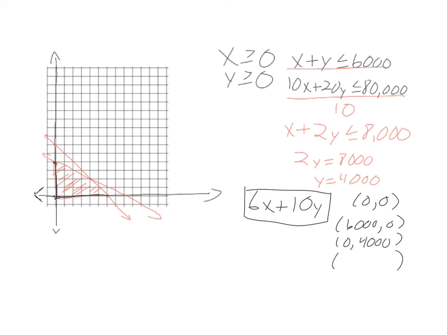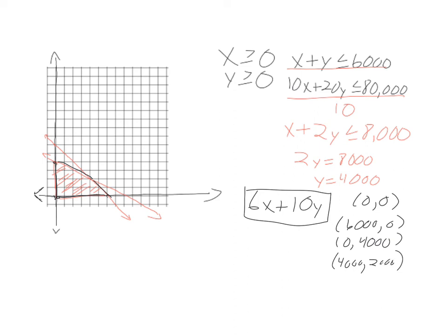And then the next one is this, where these two lines meet. And it appears to be, this graph actually turns out very nicely, it appears to be where x is 4,000 and y is 2,000.